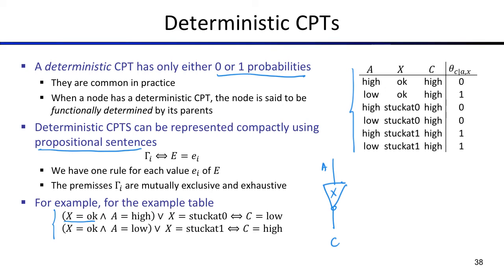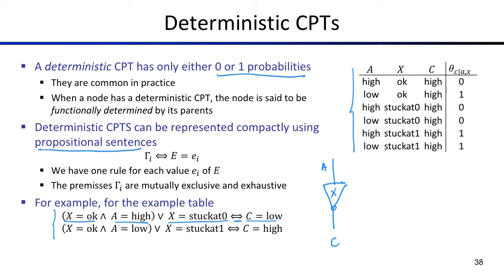So if the gate is okay and A is high, we expect C to be low. Or we have a stuck at 0. That is one problem where the gate stays at 0, it does not change. So these 2 conditions here will be enough to imply that C is low.